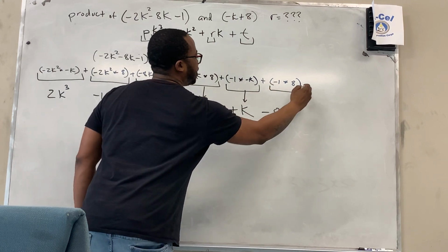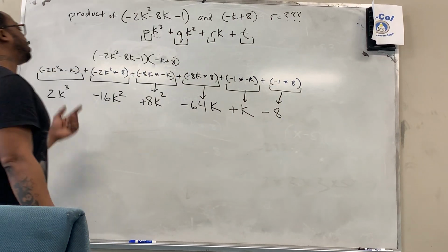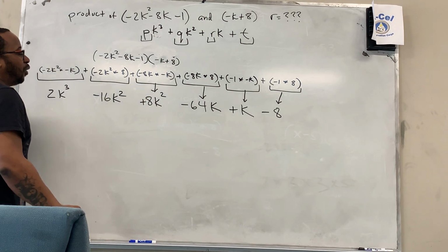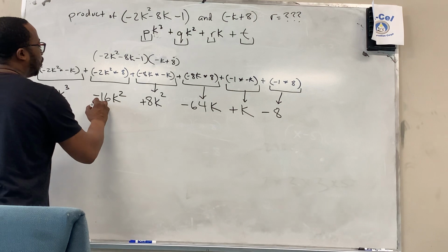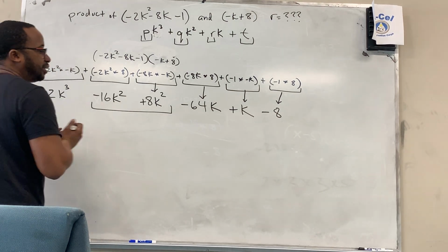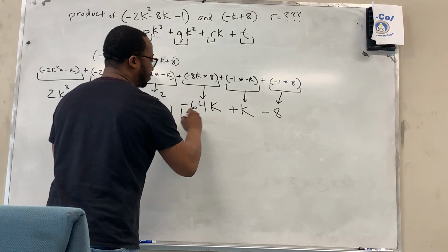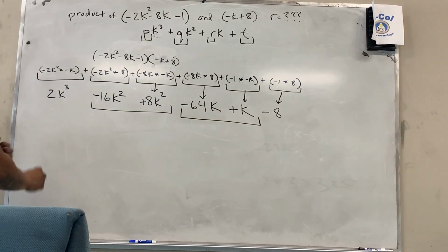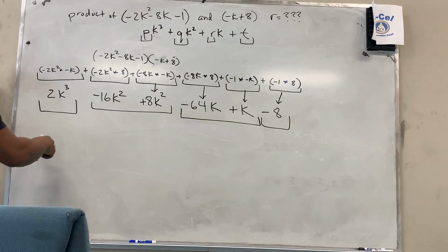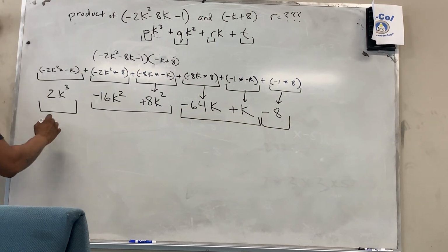You might want to screenshot this when you're watching the video just to see where these things came from. Now, what we're going to do is put these two together because they're k squared, they're identical. And these two have a k, so these things are identical. The other things just come straight down. So the 2k to the third has no other 2k to the third.